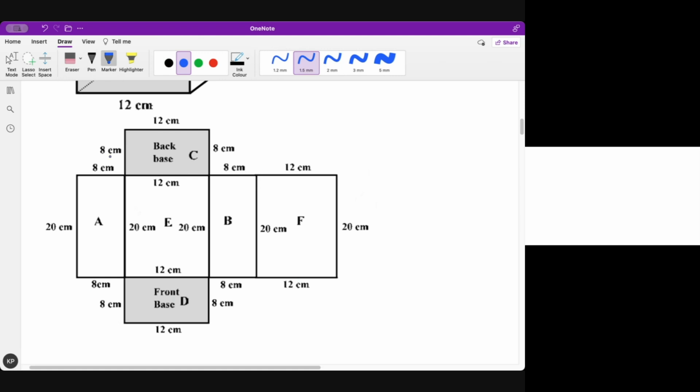So we have already identified we have 6 faces, A, B, C, D, E, F. And the way they numbered them, they numbered the ones that are the same consecutively.